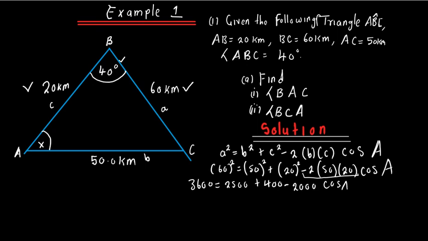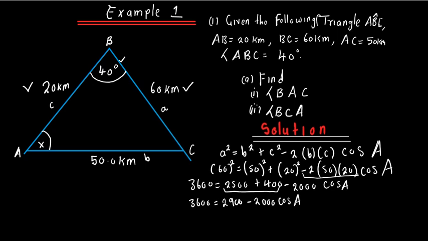Cosine A. Let's add the like terms, which happens to be just this. So in this case, we are going to have 3,600 equal to 2,500 plus 400. Let's see what we're going to have. We're going to have 2,900 minus 2,000 cosine A. Now look at this.